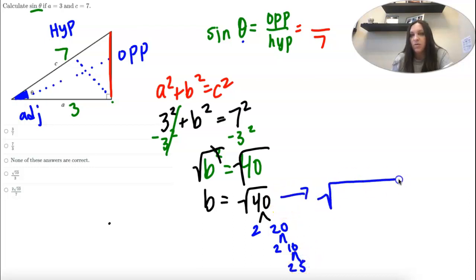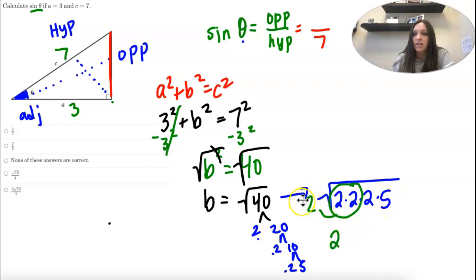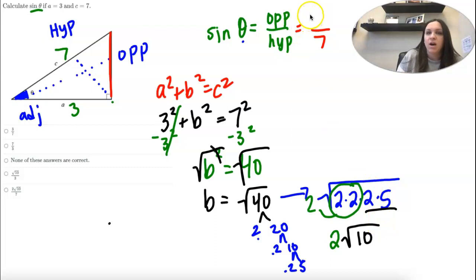So instead of the square root of 40, I'm going to write 2 times 2 times 2 times 5. And remember, when we have a pair of something, they come out as 1. So I have 2 on the outside, that's this one. And then what's left inside is 2 times 5, which is 10. So the opposite is 2 square roots of 10, and then over 7 would be our answer. Right here, that's sine.